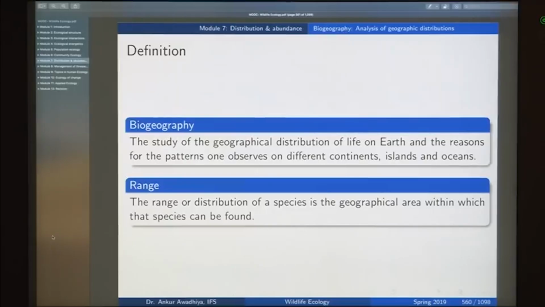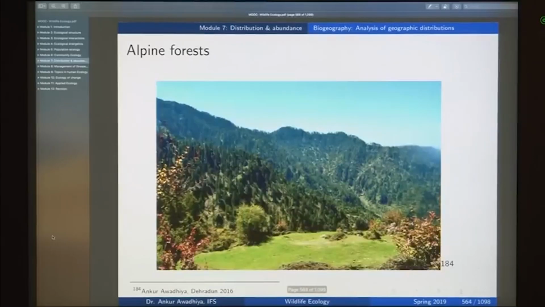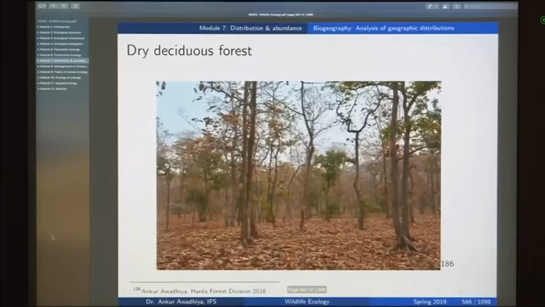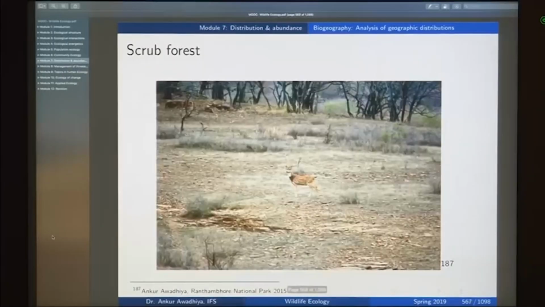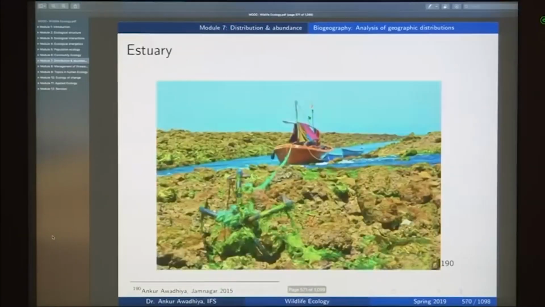Then we looked at range. Range or distribution of a species is the geographical area within which the species can be found. Then we looked at major Indian habitats, alpine, meadows, forests. So, forests are also of different kinds, alpine, dry deciduous, moist deciduous, mixed forest, scrub forest and so on, sand dunes.